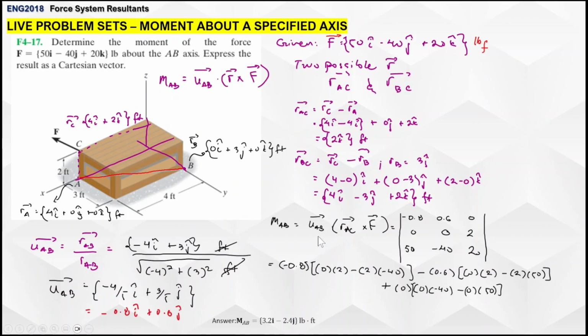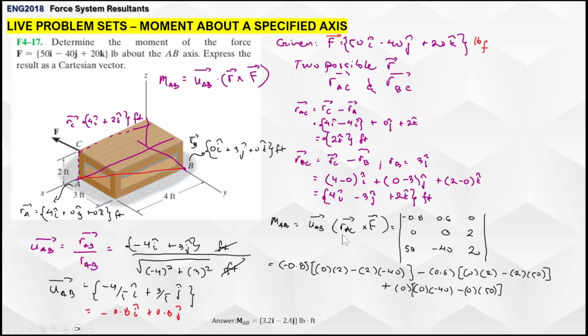So just like our cross product, but instead of i j k, you will be adding first the UAB values, the unit vector AB values, which is negative 0.8, and then plus 0.6. And since there's no k hat, that's going to be 0.